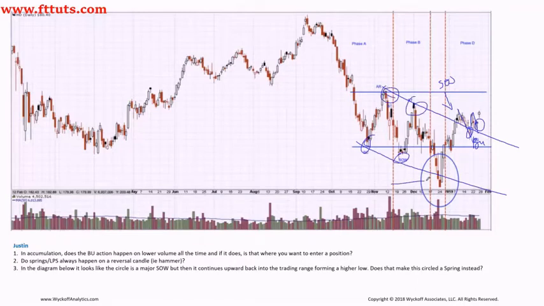Then let's go right away into the question about a sign of weakness or a spring. I would approach it from two different perspectives. The first one is looking at what has happened recently. So, for instance, what has happened in this area.